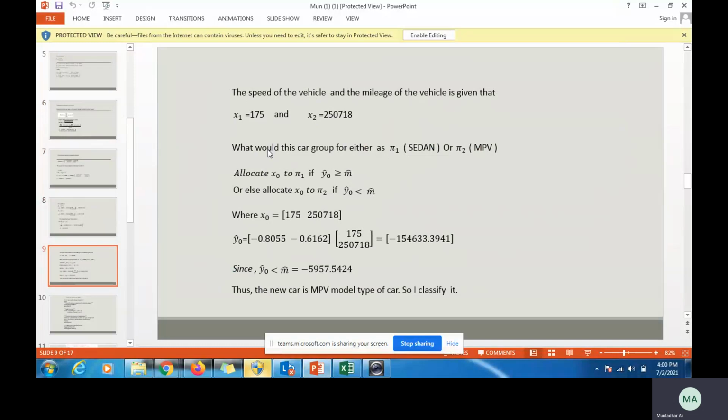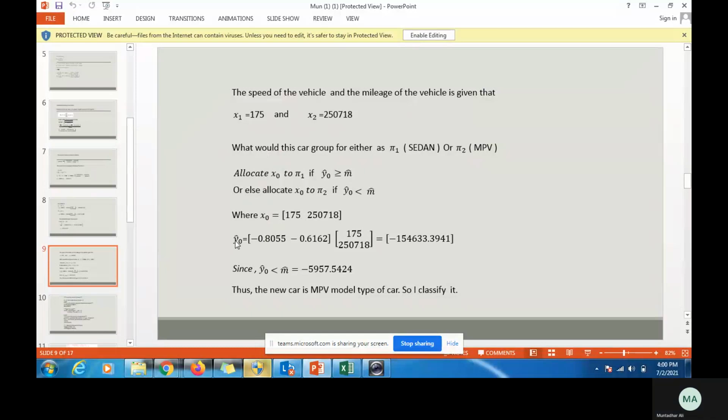So which car group would this be, either pi 1 sedan or pi 2 MPV? So now we need to allocate x0 to pi 1 if y hat not is greater than m hat, or else allocate x0 to pi 2 if y hat not is less than m hat. So we have the x0 value, which is x1 and x2.